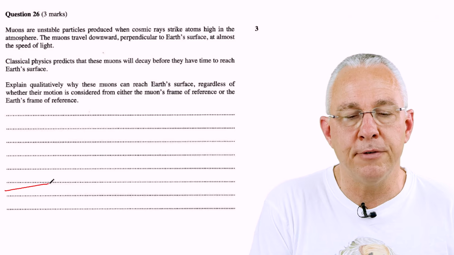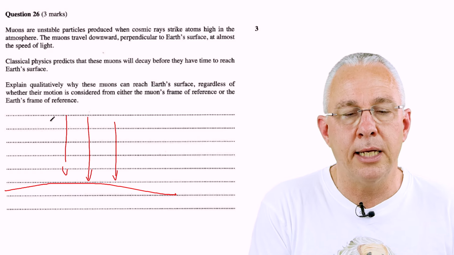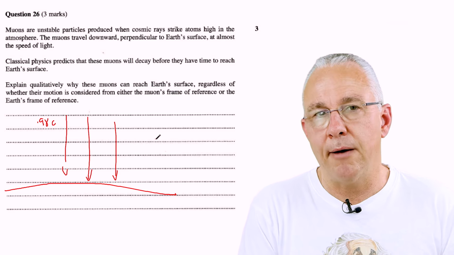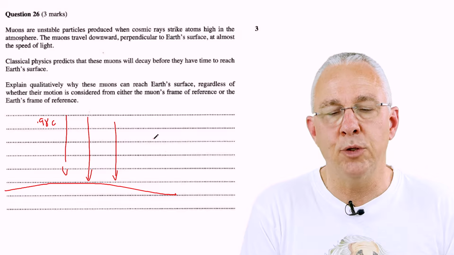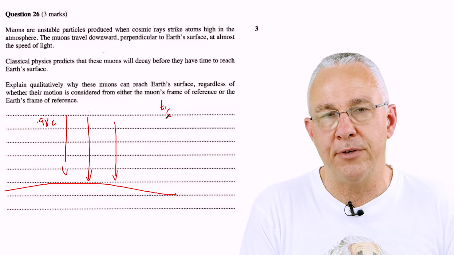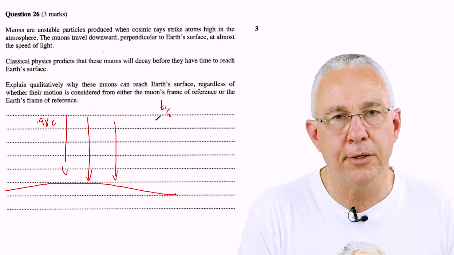So here's my Earth's surface and here are my muons being created with a particular speed, and let's say it's at 0.98 the speed of light. Now, two things first. First of all, the muon's half-life is, of course, our stationary frame of reference half-life, the mean half-life being 2.2 microseconds.